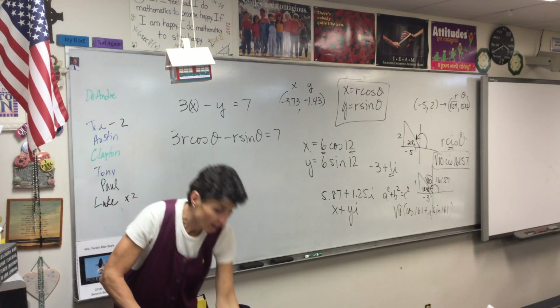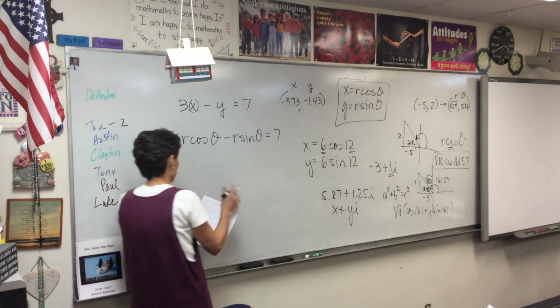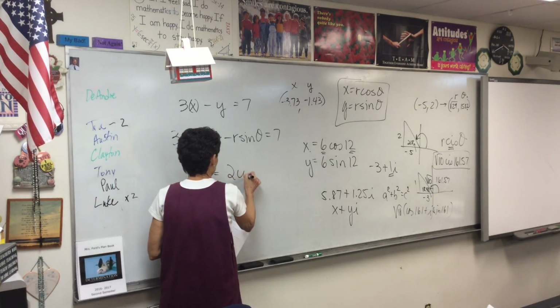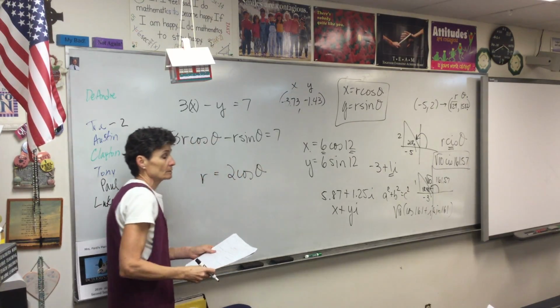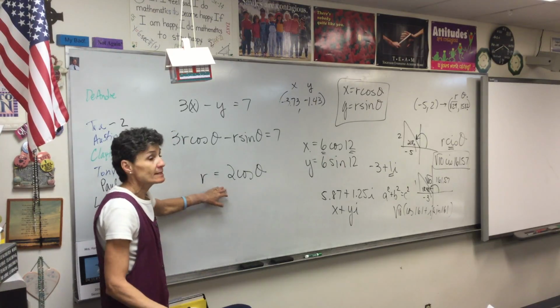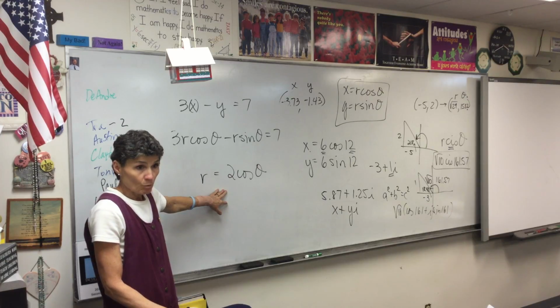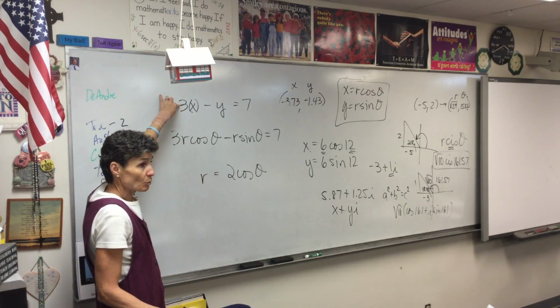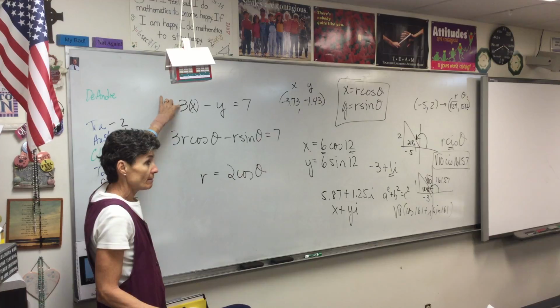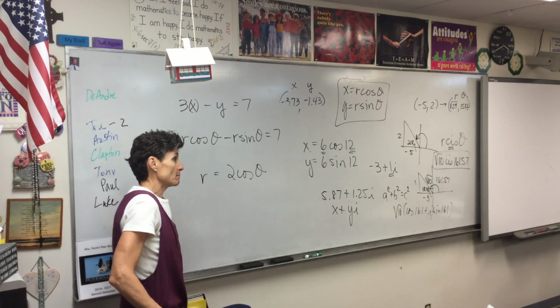Now the next one is the opposite of that, and it is a little bit harder. This is a polar equation. Would you agree with that? We want to make it look like this one. Now, I went through the steps with you one day.